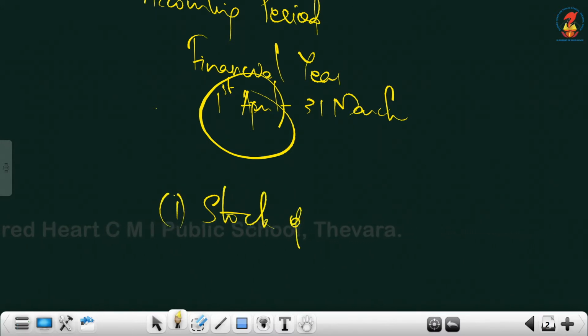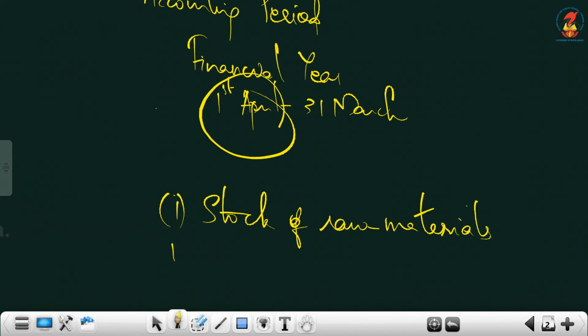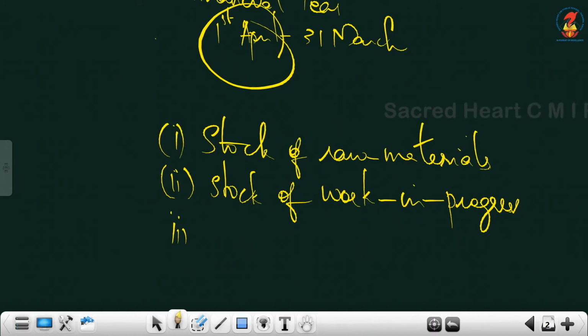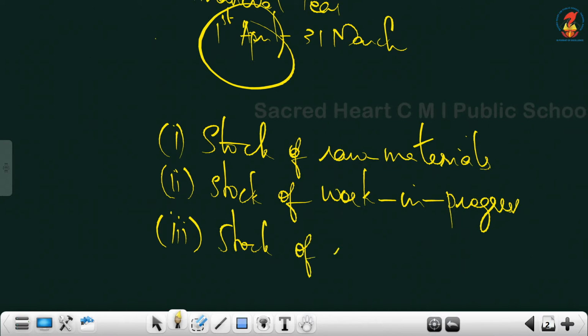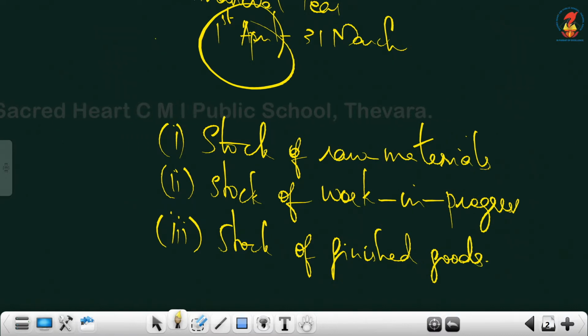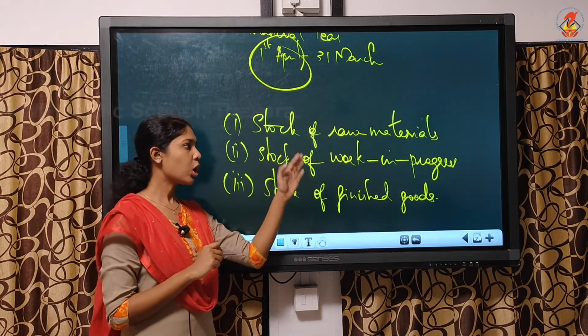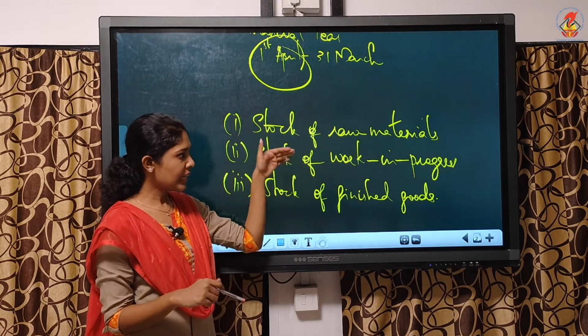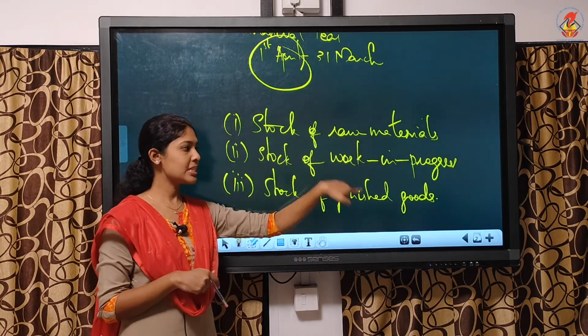One is stock of raw materials, then stock of work in progress, and then stock of finished goods. Stock of work in progress means goods which are in the process of being converted from raw materials to finished goods.